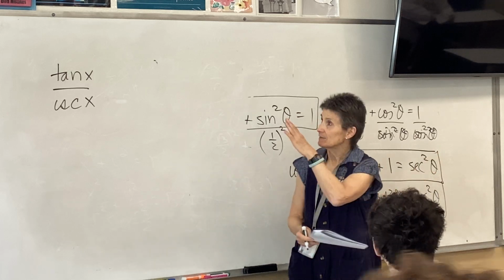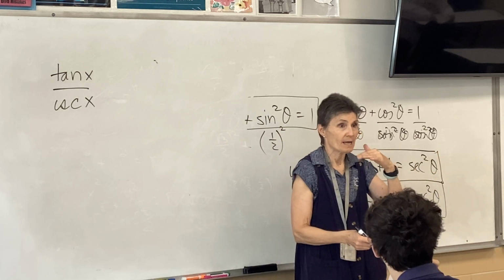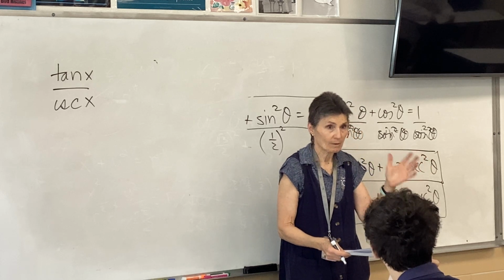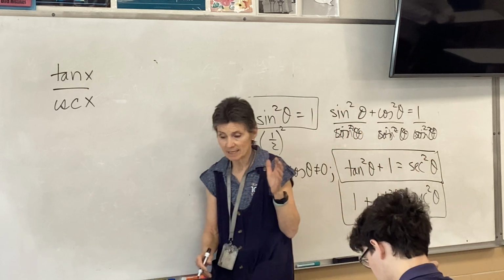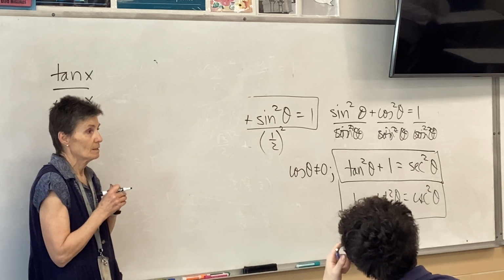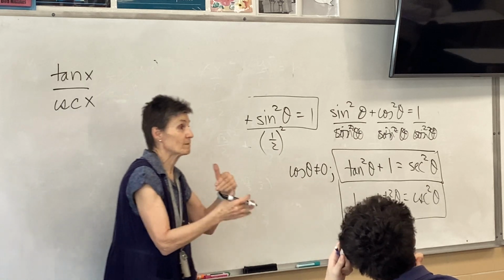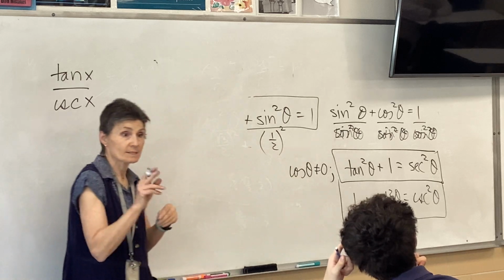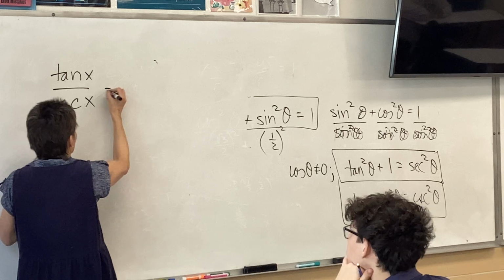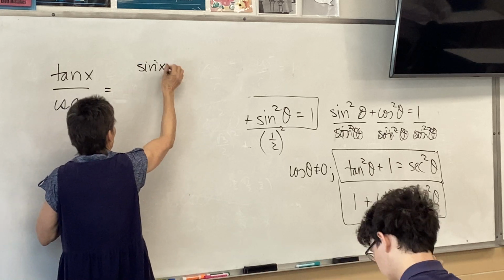So right now I have a tangent and a cosecant, and I only want cosines. All right, tell me what you know about tangent. What does tangent equal? Okay, in terms of the trig functions, what does it equal? Sine over cosine. So I'm going to rewrite that as sine over cosine.